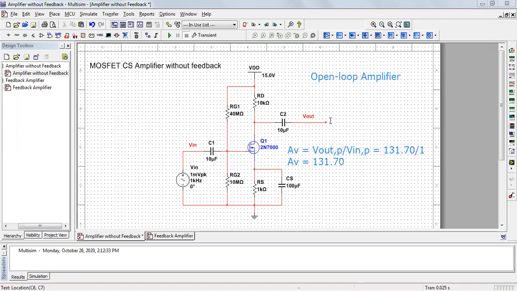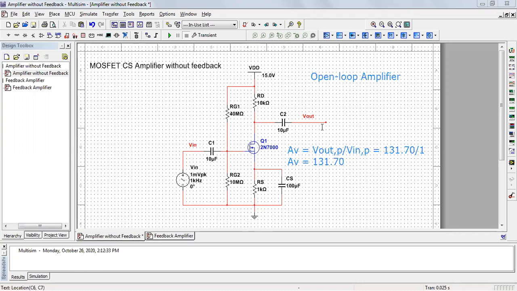So in most of the cases, V out will go beyond the VDD, and that is not possible. So V out will be clipped, because V out cannot go above VDD or below the ground. That's the restriction.